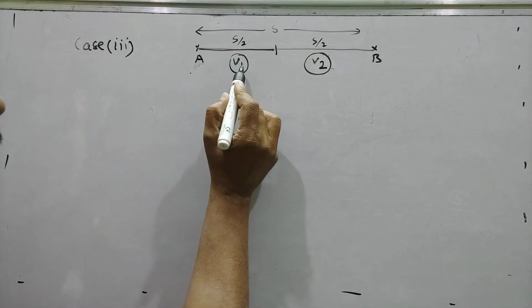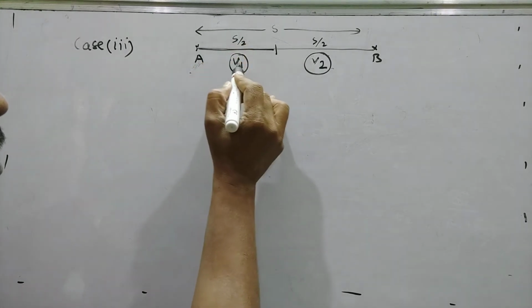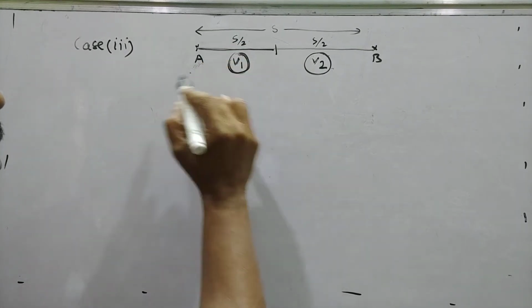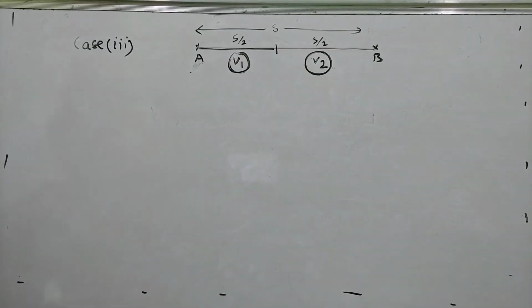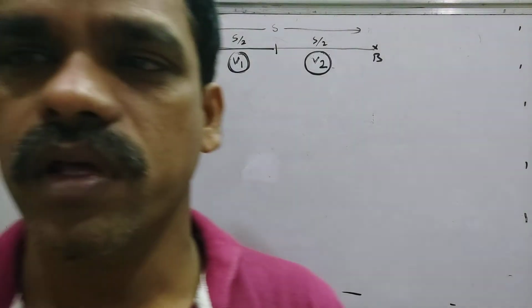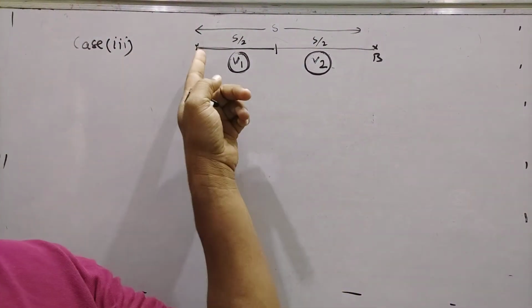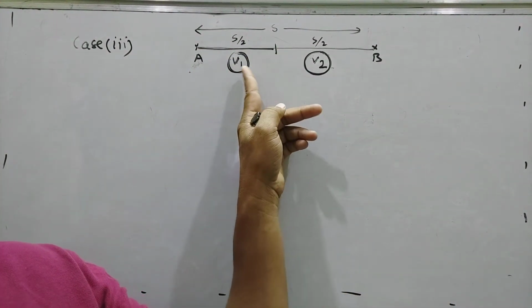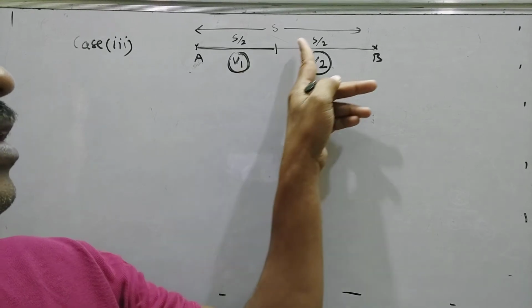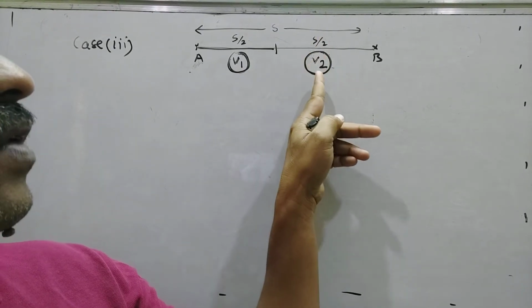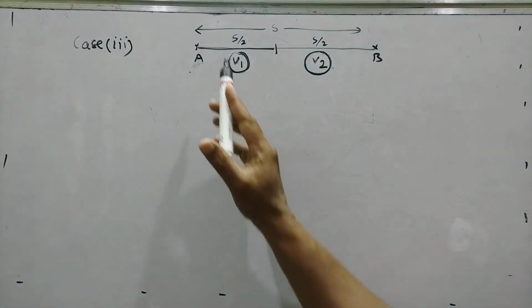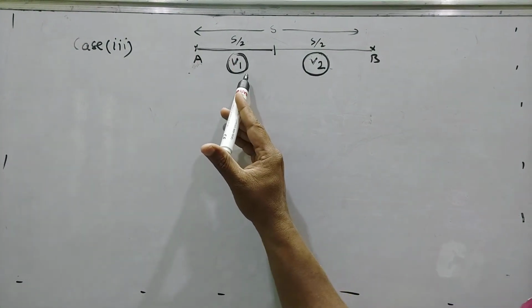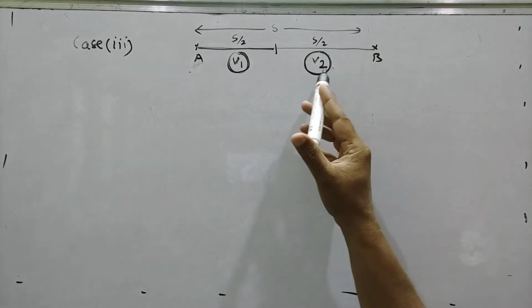The body covered the first half of the distance with speed v1, and the next half of the distance with speed v2. Remember carefully: first half of the distance with speed v1, next half of the distance with speed v2.